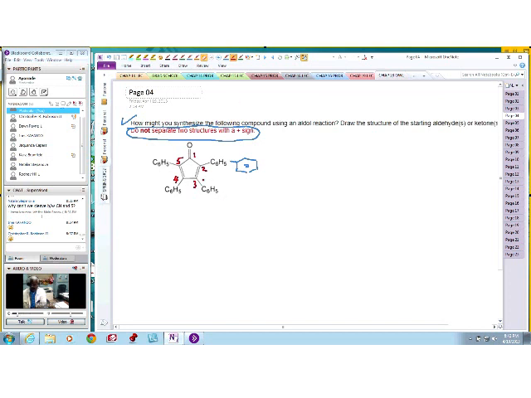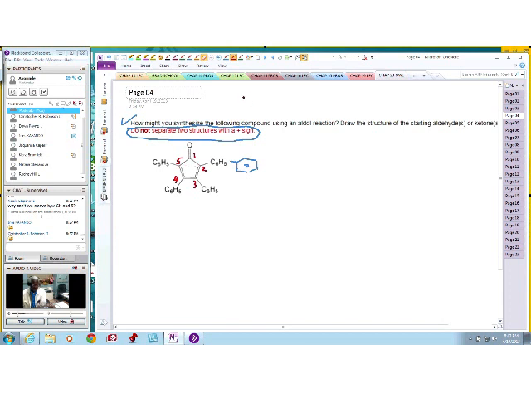So what will be the starting material? Anybody has an idea? Maybe I should be more specific. If you take a look at this molecule here, which carbons will be your nucleophilic carbons?